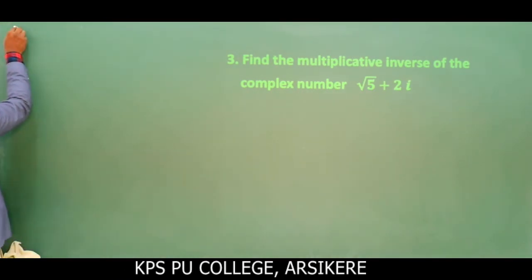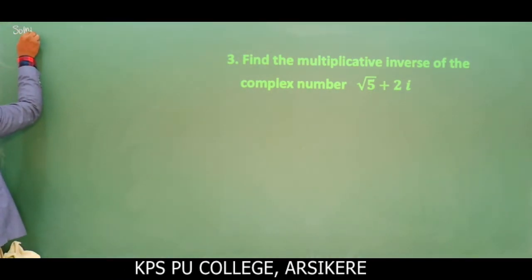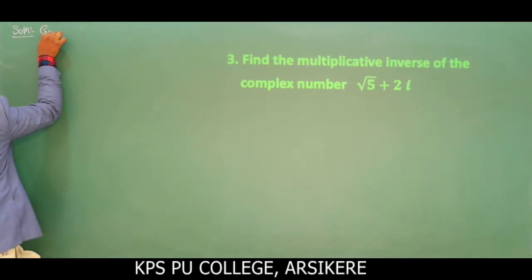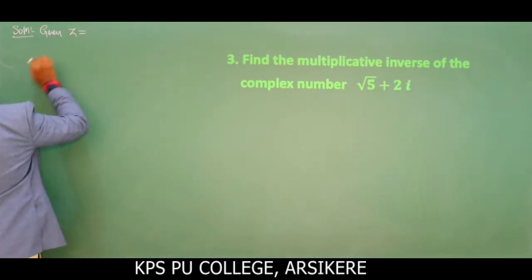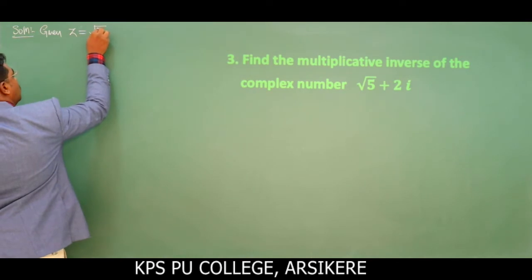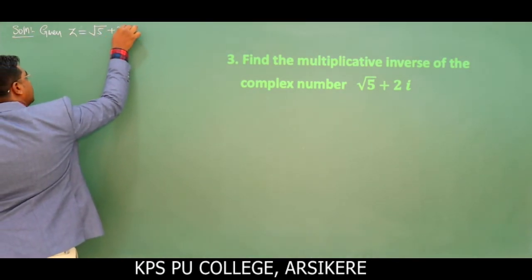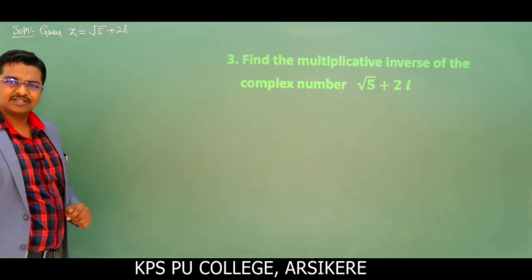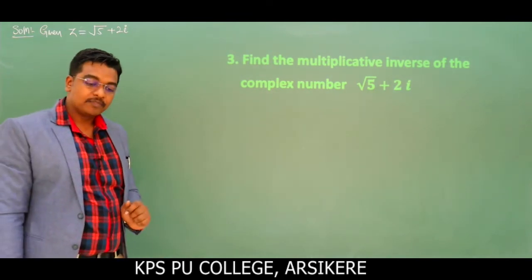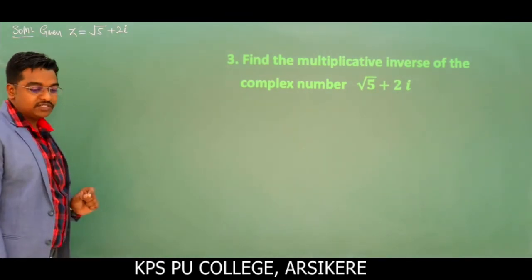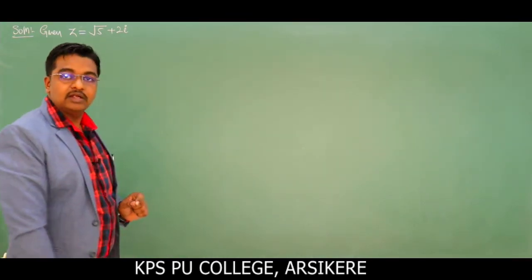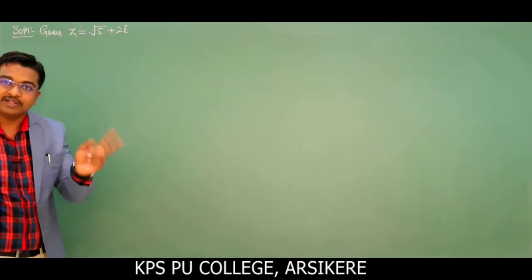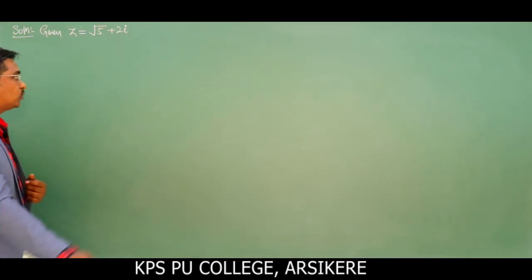Given solution, given z is equal to root 5 plus 2i, or i into 2 or 2i both are same. Then how to find inverse of this complex number? So we'll solve by both the methods, method 1 as well as method 2.